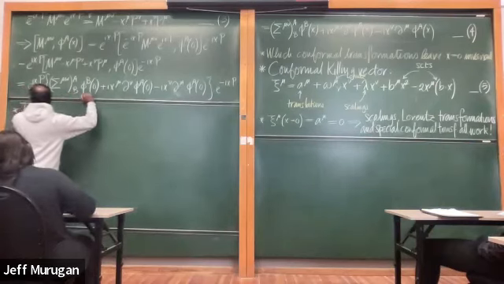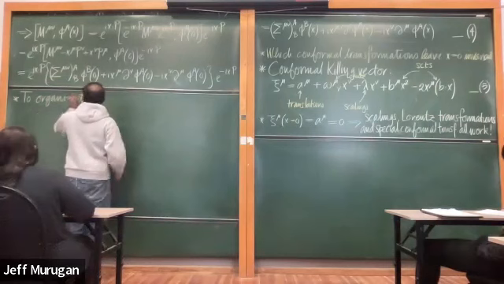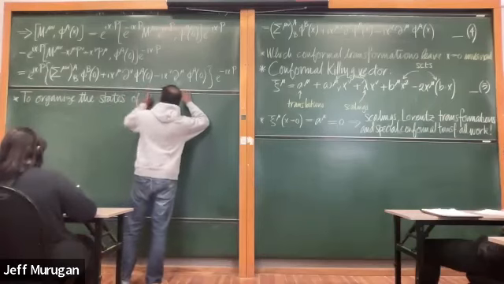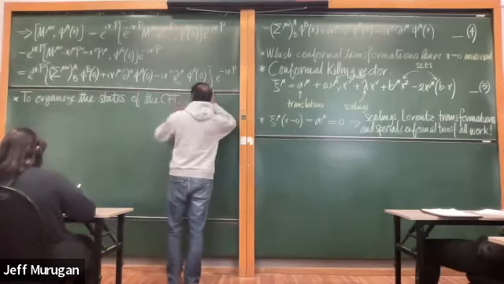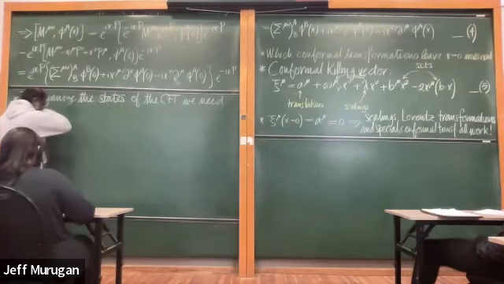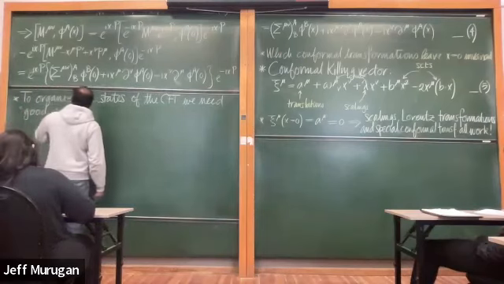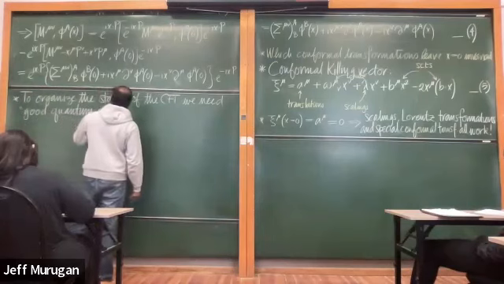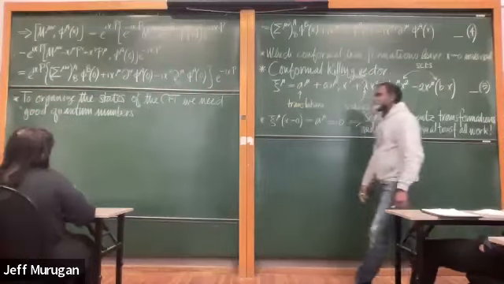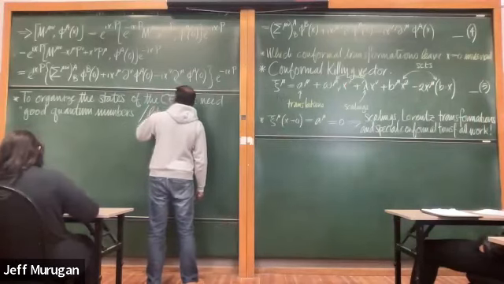So, to organize the states of the CFT, borrowing terminology from quantum mechanics, we give them quantum number labels.